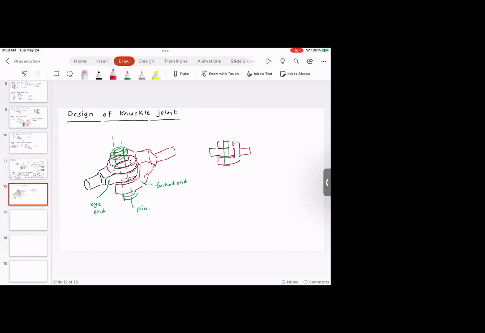This knuckle joint, believe it or not, is used in a lot of applications. For example, a simple hinge, if you think about it, is similar to a knuckle joint.